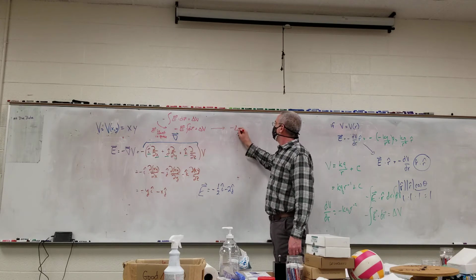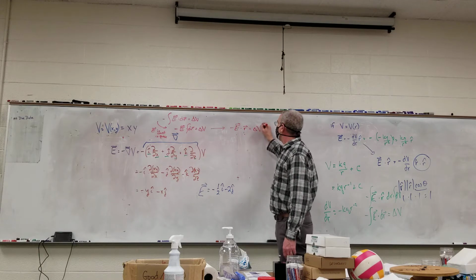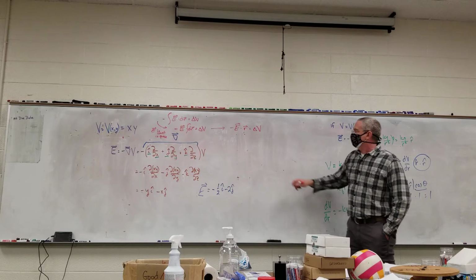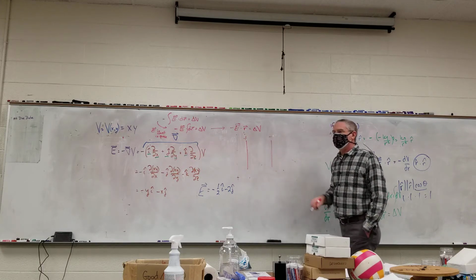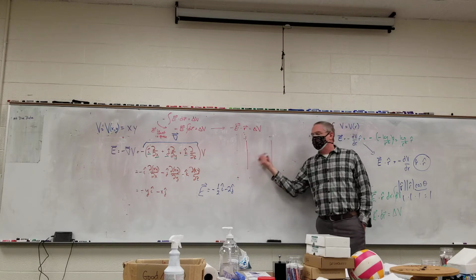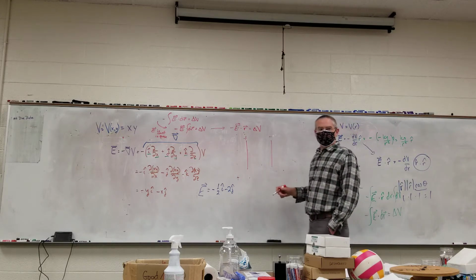And so this is just negative E dot R is equal to delta V. So if I happen to have a positive plate here and a negative plate here, what's the direction of my electric field? Well, a couple people gesturing.